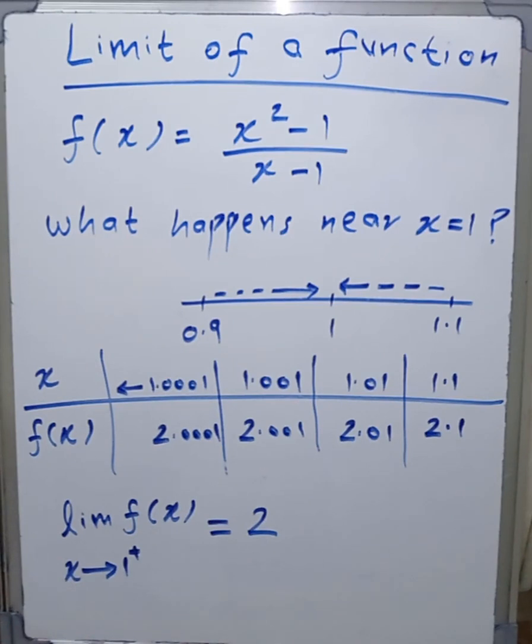What is the meaning? As x approaches 1 from the right side, the value of the function f(x) approaches 2.